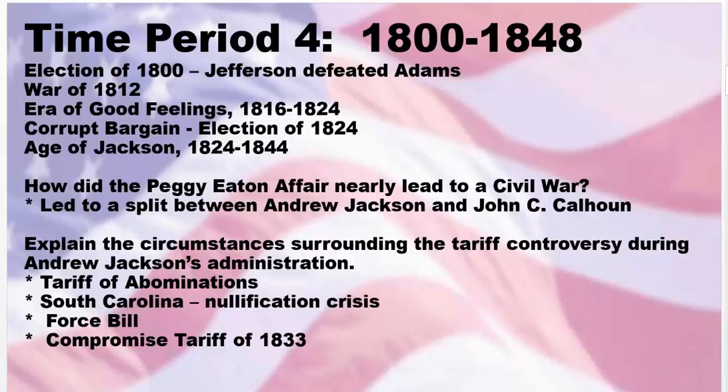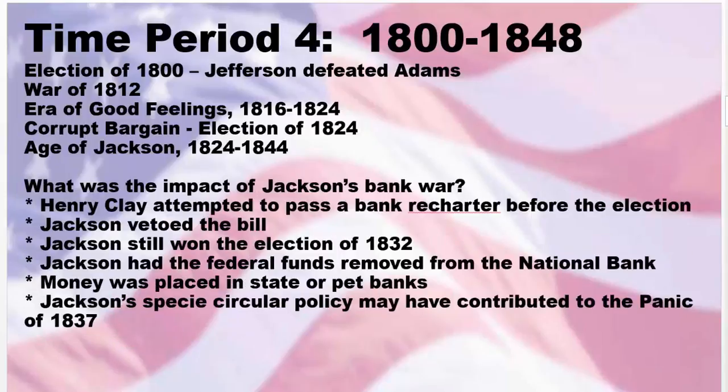And that is not it for Jackson, because we also have the bank war for Jackson. Henry Clay, as you know, was a supporter of the National Bank. And the election of 1832 was coming up, and Henry Clay had his eyes on the presidency. So he proposed to his friend, Nicholas Biddle, the bank president, that we put a bill before Jackson now to extend the National Bank, even though the charter was not going to expire for 4 years.